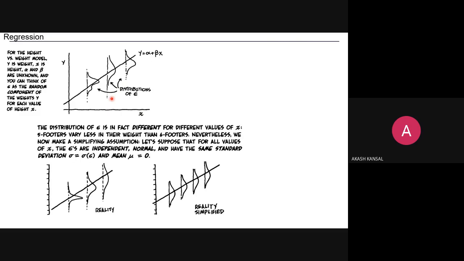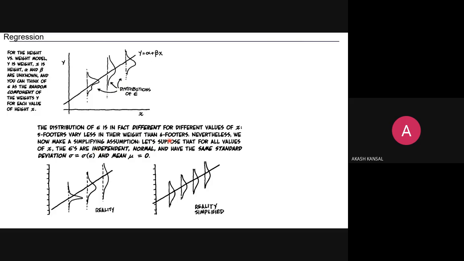And they will be different for different values of x, which is the height. The distribution of epsilon will be different for different values of x, right? What we're saying is 5 footers may vary less in their weight than the 6 footers.